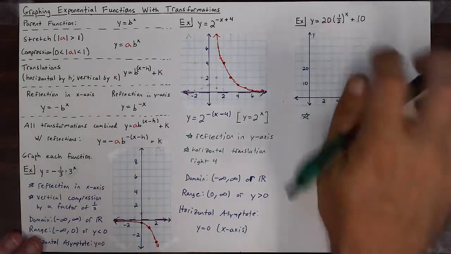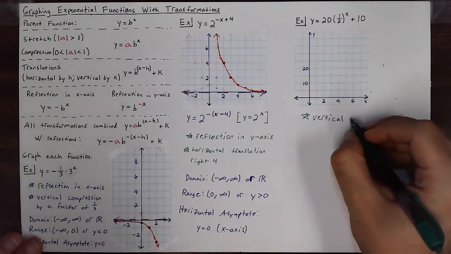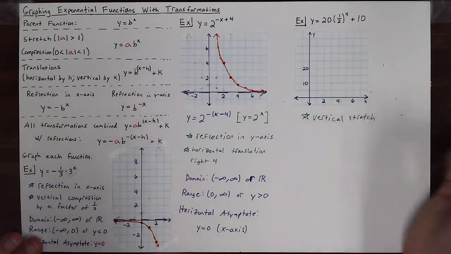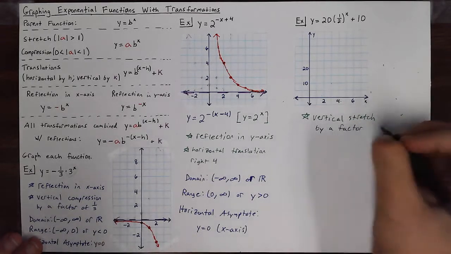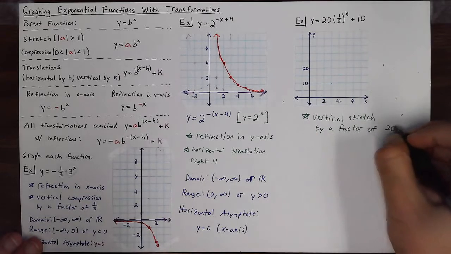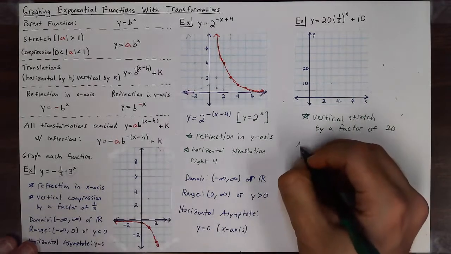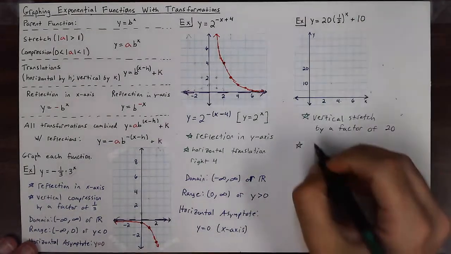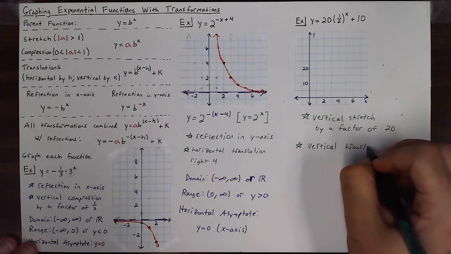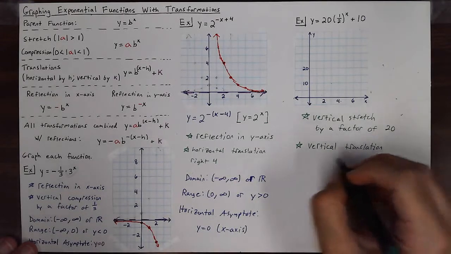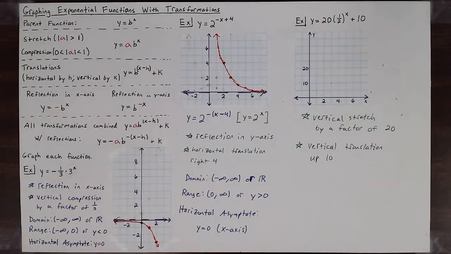But with that 20 in front, there's a vertical stretch by a factor of 20, and we'll see how that affects the graph in just a moment. And then we add 10, so that's a vertical translation up 10. So now let's see what happens to the graph.